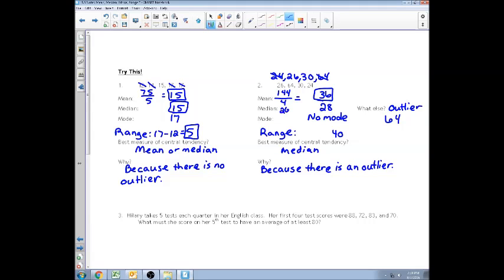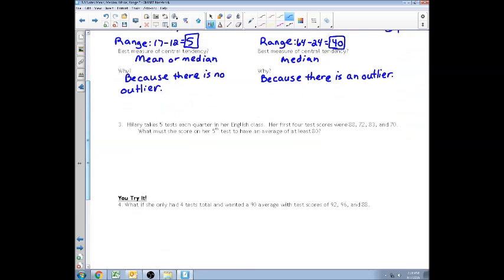So I would take 26 plus 30. That would be 56. 56 divided by 2 would be 28. No mode because no number repeats. And your range would be 64 minus 24. That would be 40. All right, let's move on to number 3.